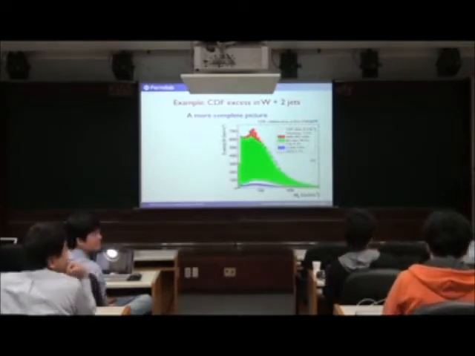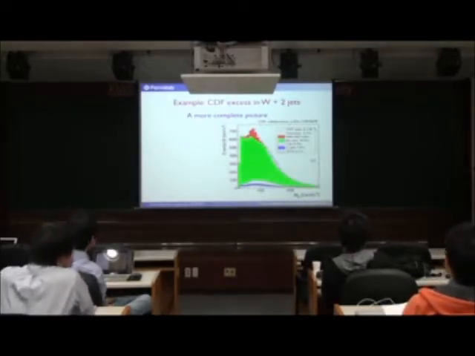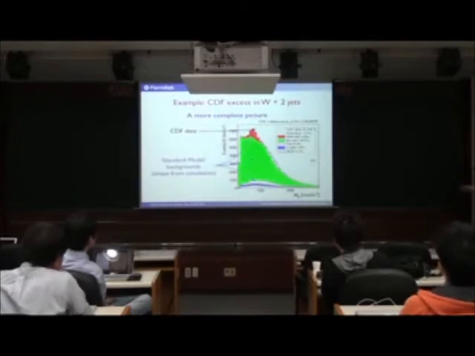Yeah. So as I said, it's a background subtracted sample. What background they have subtracted is very important. So this shows the picture including the standard model backgrounds as they show up from simulation. We have the CDF data here, and then the standard model backgrounds.